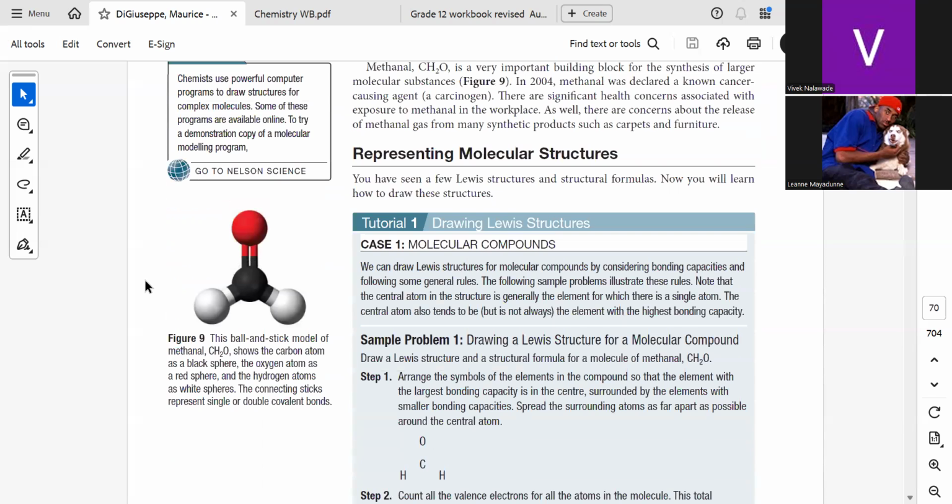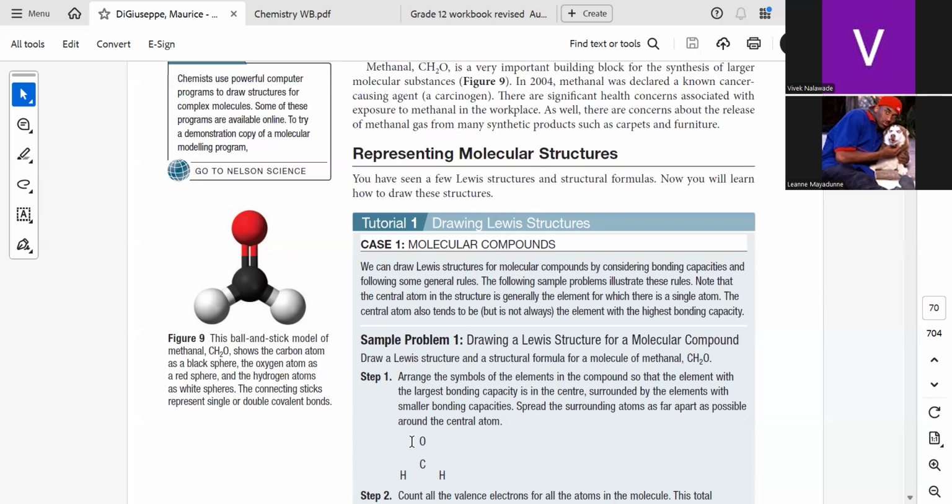Now, how do we draw the Lewis structures for a molecular compound? Draw a Lewis structure and a structural formula for a molecule of methanol, that is CH2O. So arrange the symbols of the elements in the compound so that the element with the largest bonding capacity is in the center.